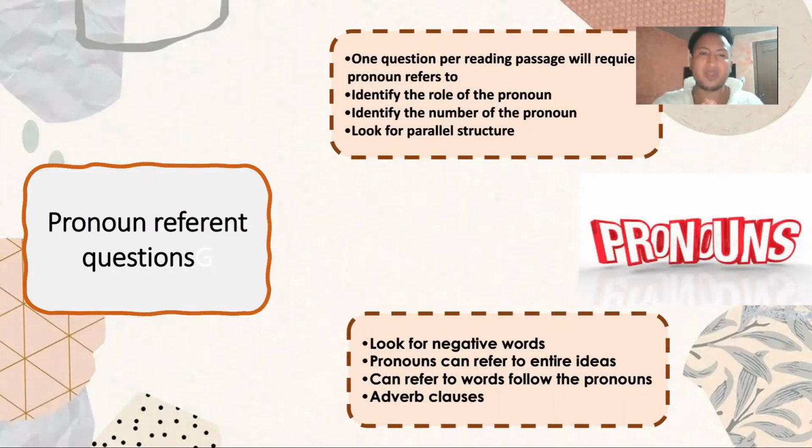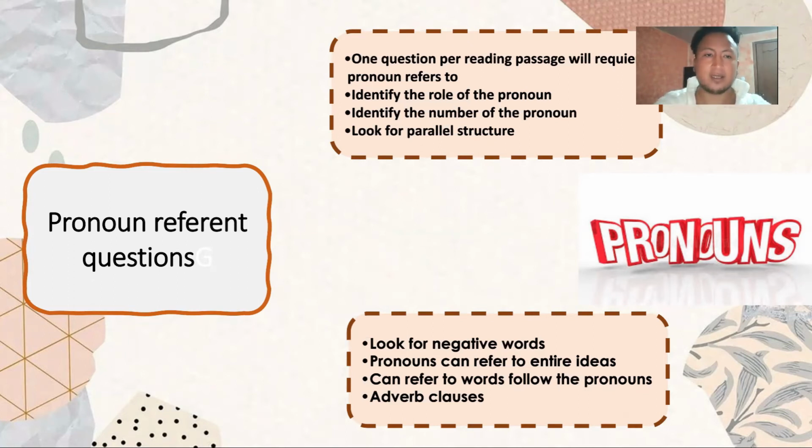In this part, we have pronoun reference questions. At least 1 question per reading passage will require you to state which word a pronoun refers to. In this part, we have to follow some steps. For example, identify the role of the pronoun, identify the number of the pronoun, look for parallel structure, look for negative words or contrast words.